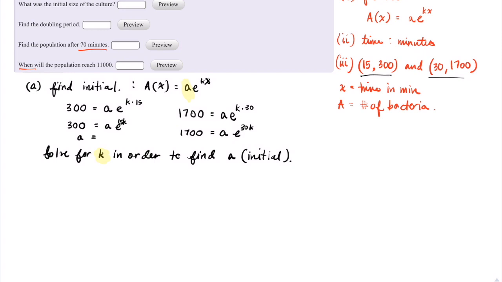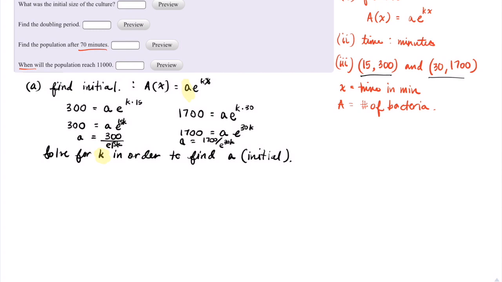So a could be equal to, in this case, 300 over e to the 15k. And here we would have a equal to 1700 over e to the 30k, if I divided each side by the base e to that power.